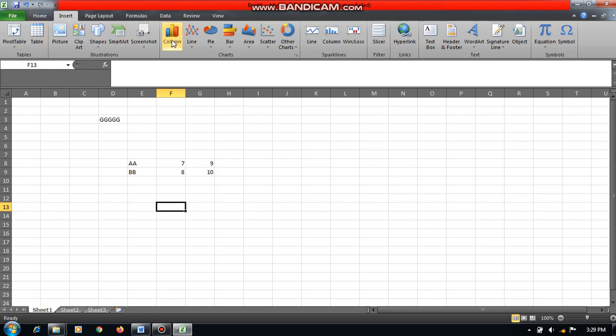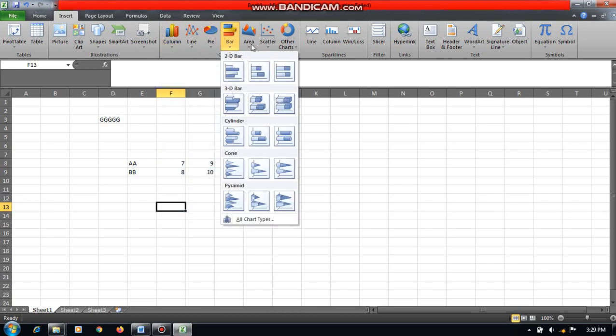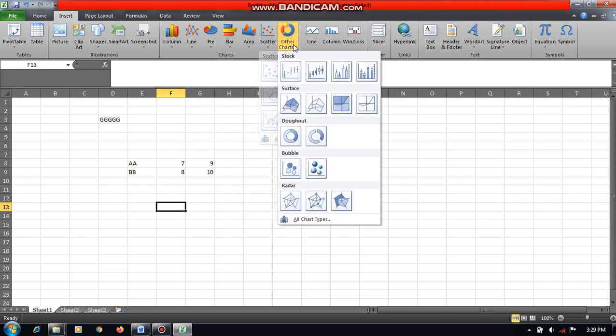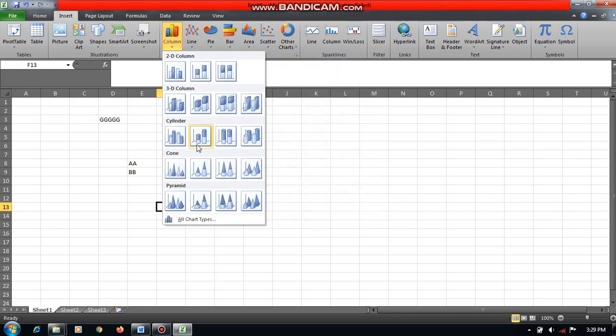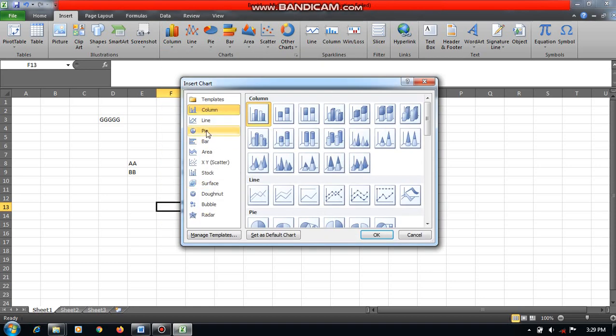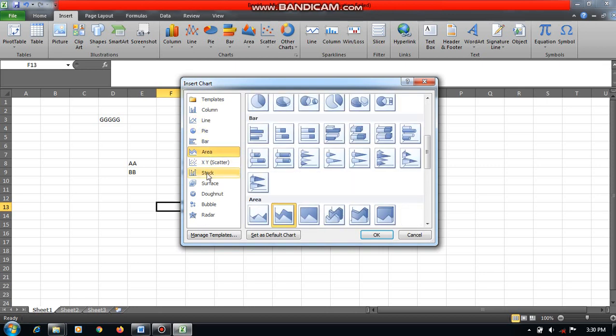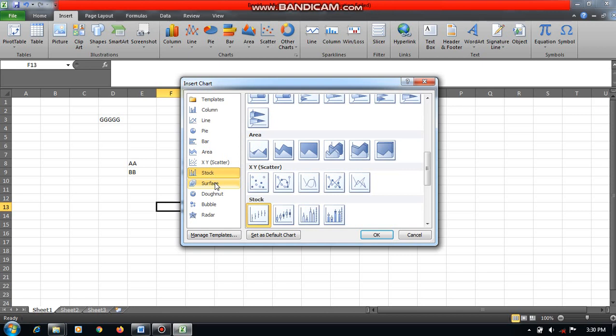Okay, so these are the different types of charts available: 2D, 3D, 4D, line, pie, bar, area, scatter, others. Okay, so here we can see the histograms also. All types of charts we can see over here. So this is the column, line, bar, pie, bar, area, XY, surface, radar. These different types of charts and graphs are available.